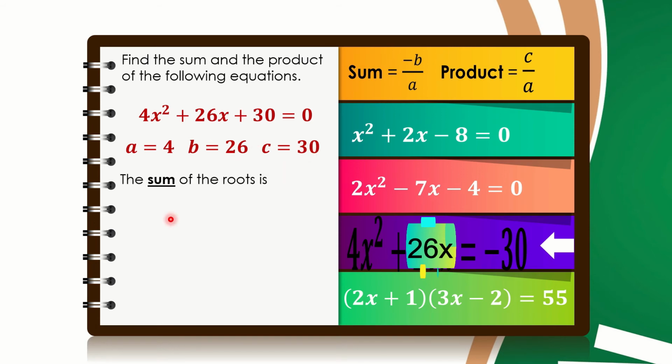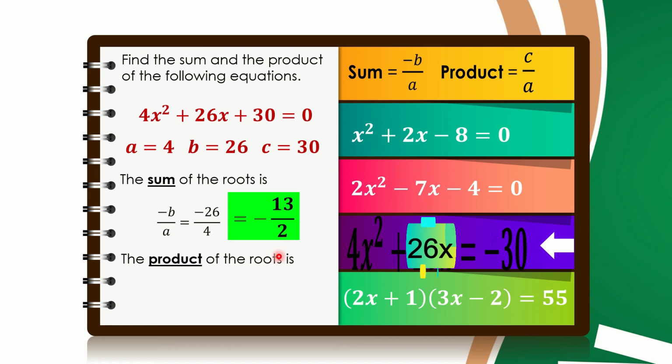So the sum of the roots will be negative 29 for b over positive 4 for a. Therefore, the sum of this equation is negative 29 over 4. Next, let us find the product of the roots, which is c over a.